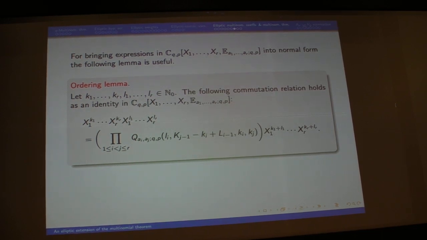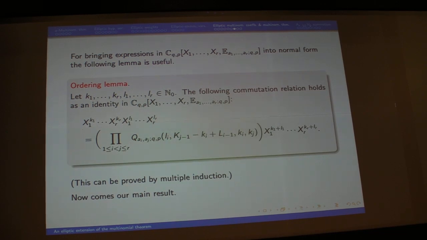So we want to write it in this form: x1 k1 plus l1 up to xr kr plus l1, and this generates many factors, and this is this nice product here. This is the definition I've shown you before of these big elliptic weights and so on. This can be proved by multiple induction, with respect to various L1, L, kr and r and so on.